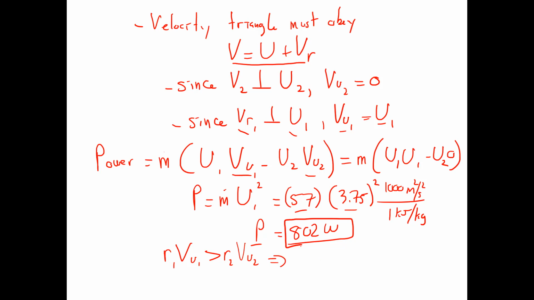So you end up with this being a turbine. I'm not given what the radius is, but I know that the tangential component at the exit is 0. So there's no choice but for this component to be greater. So this ends up being a turbine.